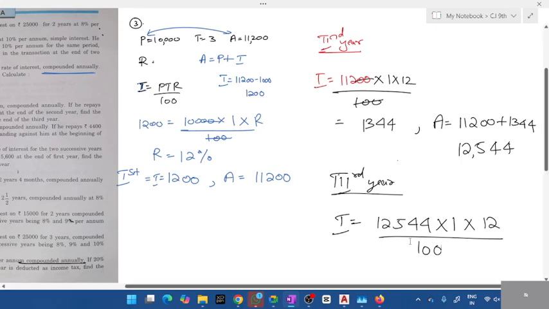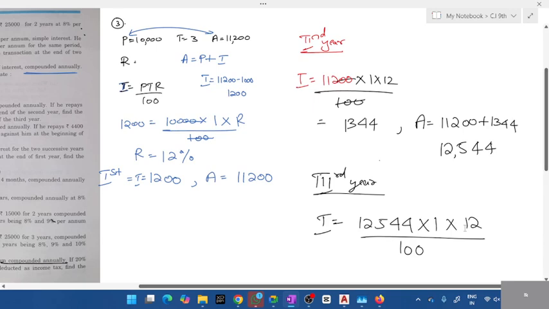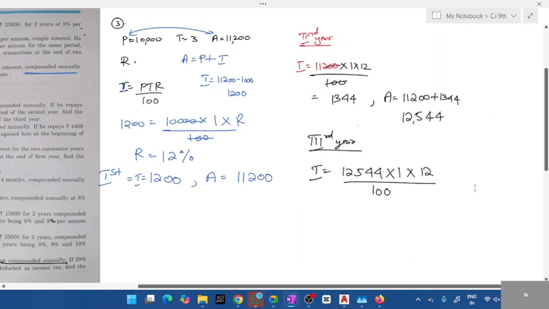See, multiply this 12 by 12,544. 505.20. Okay.